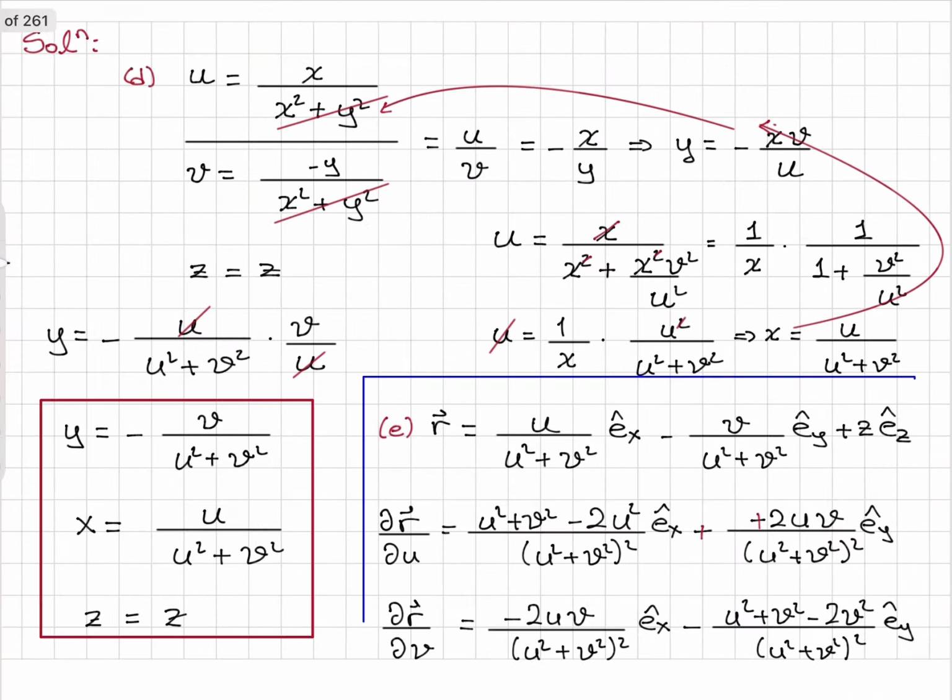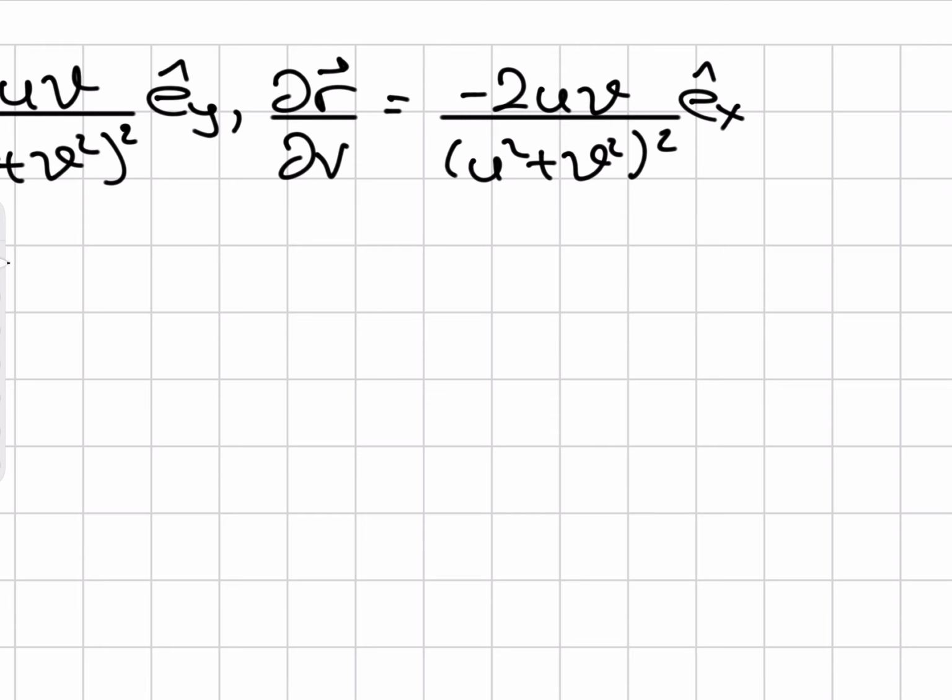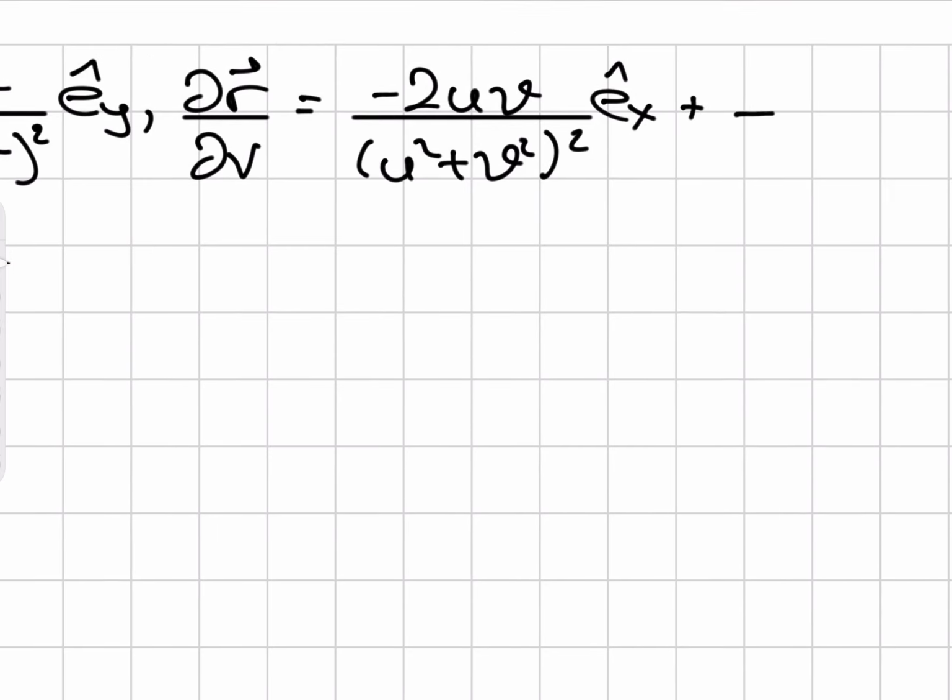And then I have the other term, this term here. This will give me v square, u square minus v square, but I have a minus sign, so this will become v square minus u square, divided by (u square plus v square) squared, and that's in the ey hat direction.